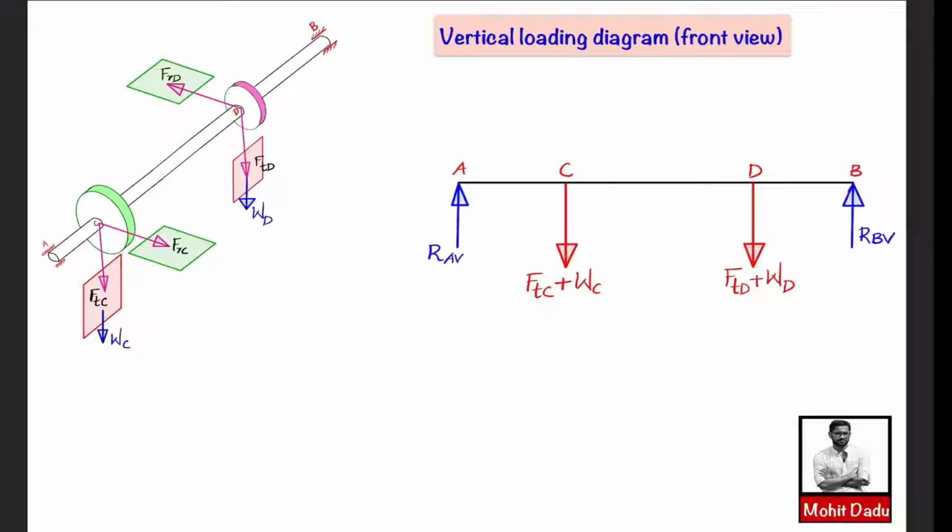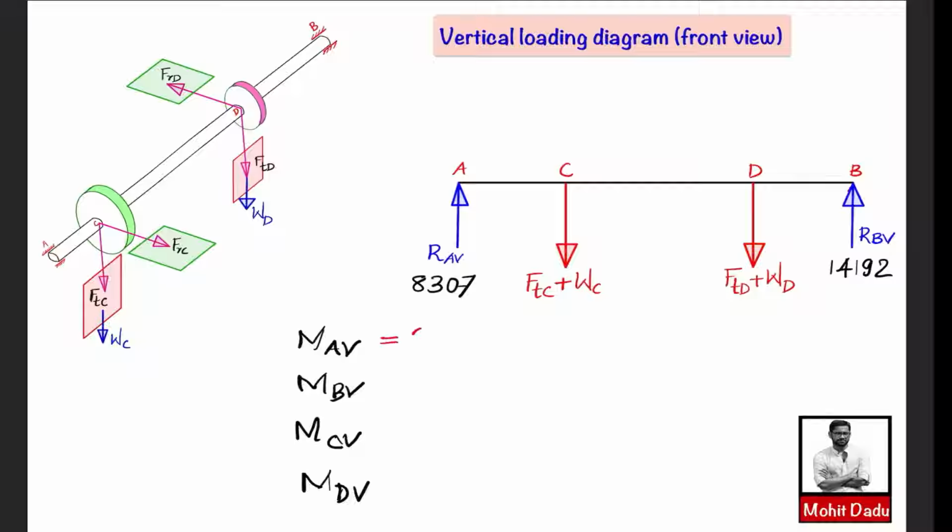So here you can solve for the reactions RAV and RBV. If you solve for RAV, you will be getting 8,307 Newton, and the RBV value will be equal to 14,192 Newton. With the use of these, you will be finding the bending moment at different points, that is MAV, MBV, MCV, and MDV, you can evaluate. Since it is a simply supported shaft, MAV is 0 and MBV is 0.